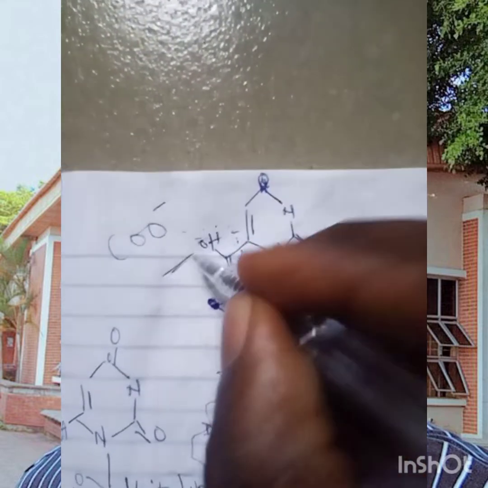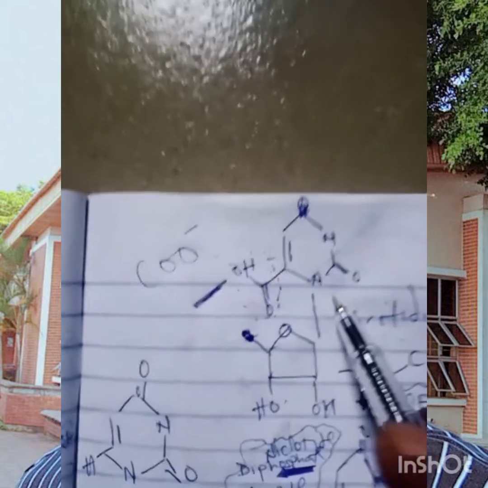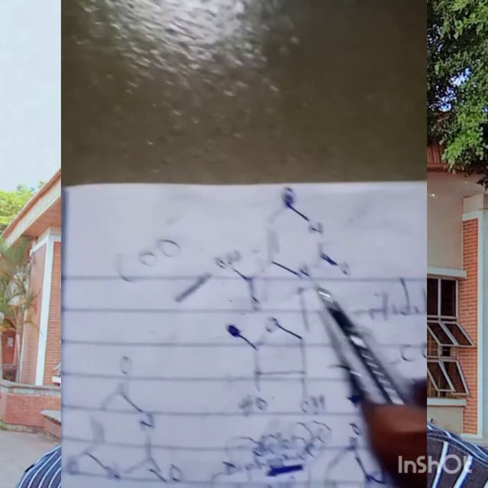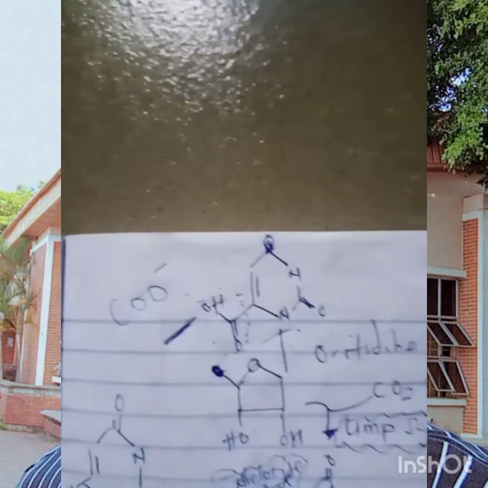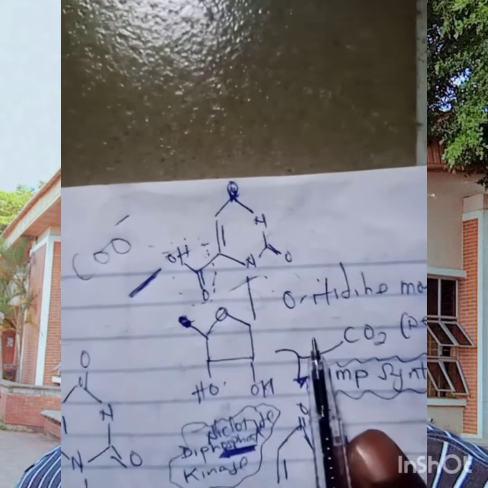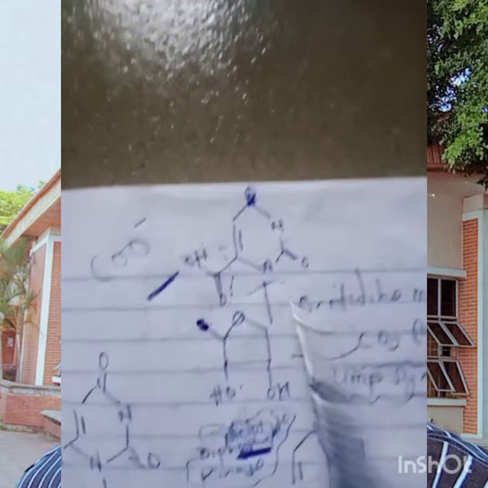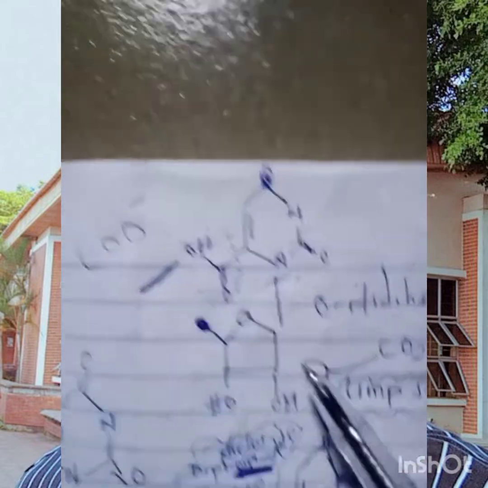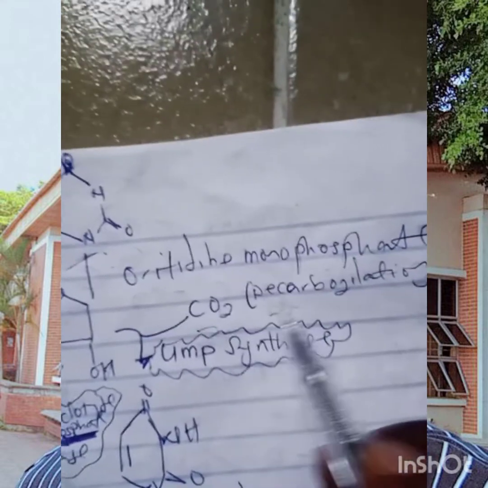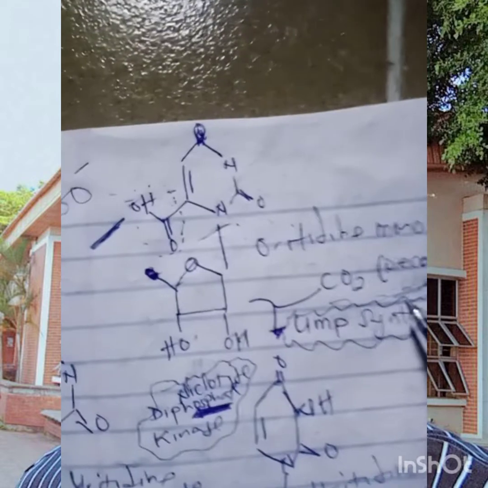So we have to chop this off and remove it from this orotate, and change this structure into another kind of nitrogenous base. And what is that nitrogenous base we are going to get? We are going to get uracil. And the removal of this CO2 is known to be what? Decarboxylation. That is, we remove CO2 from this compound.